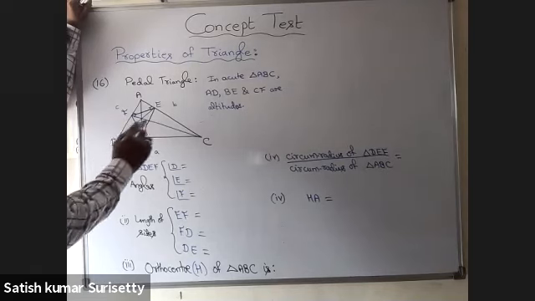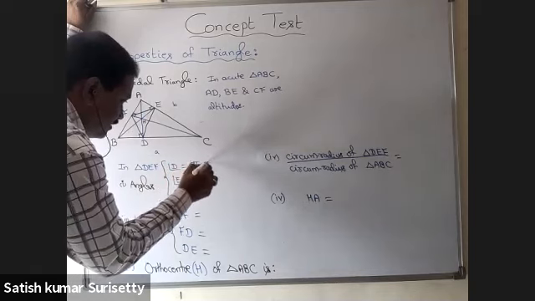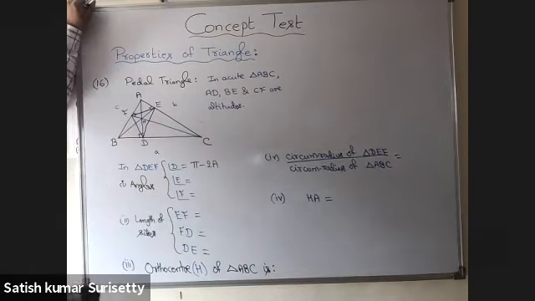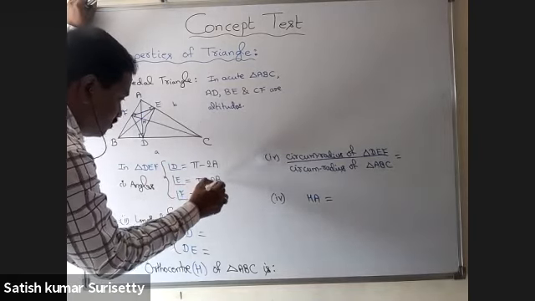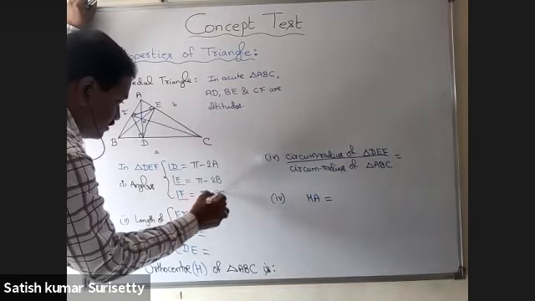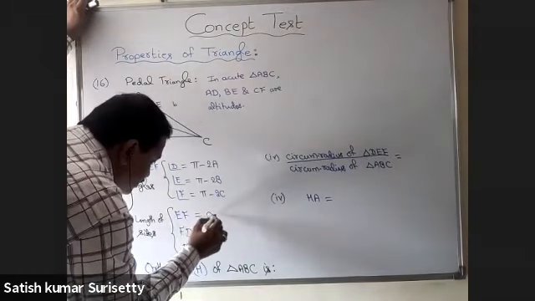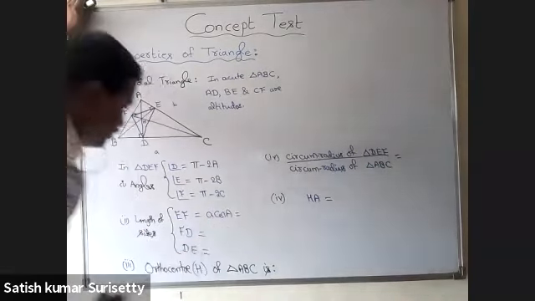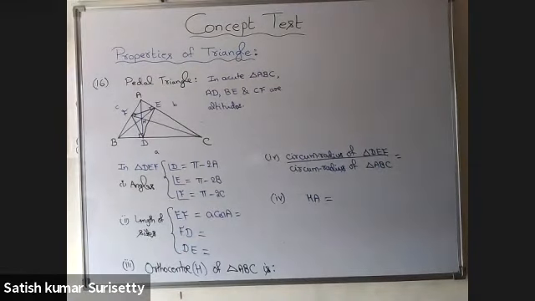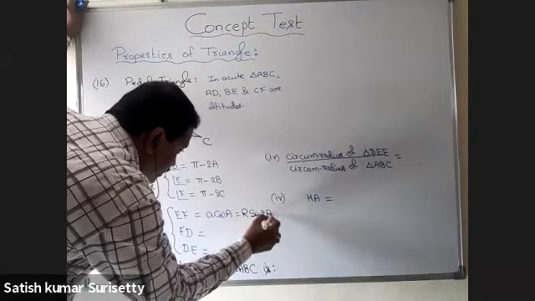So in the triangle DEF, angle D equals pi minus 2A, angle E equals pi minus 2B, and angle F equals pi minus 2C. Next, length of the side EF equals a cos A. Using the sine rule, a equals 2R sin A, so you can also write this as R sin 2A.